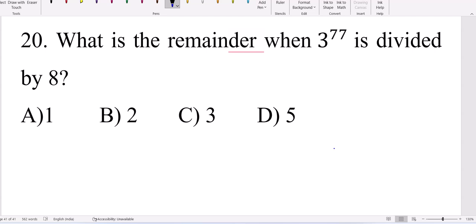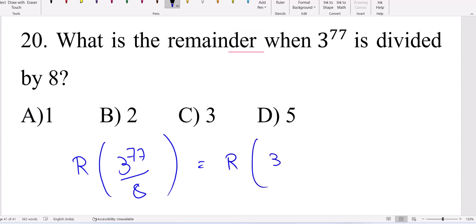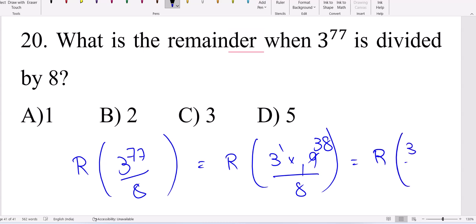If you want the power as even, I have to write 3 power 77 as 3 power 1 into 3 power 76, which is 9 power 38. When 9 is divided by 8, the remainder is 1. So it will be 3 into 1, 3. 3 divided by 8, remainder is 3.